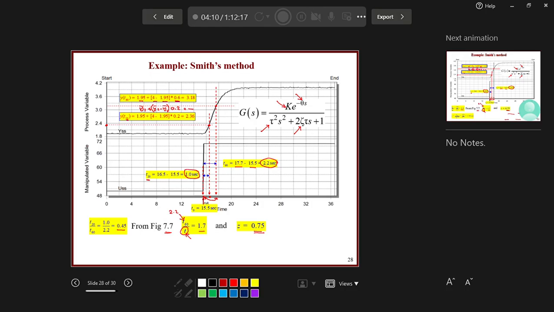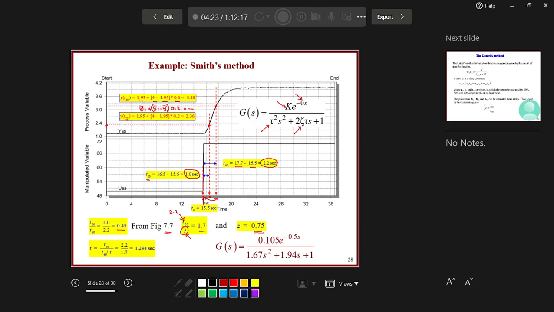But if I want to put it in the form of tau1 and tau2, then I will use the equations to do that. So this is the value of the tau, and then this is the final shape of the second order model, where we have the process gain, the dead time or the time delay, and then the tau squared, and then 2 times tau times zeta. This is 2 times tau times zeta.